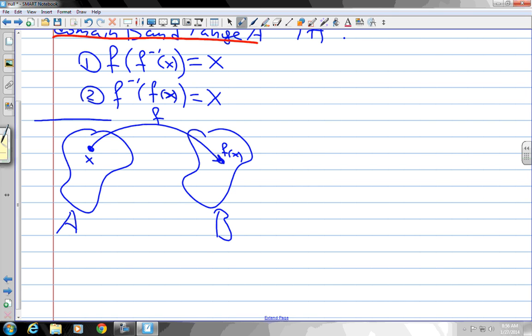The domain of the inverse is the B set. So the inverse has to take this point back where you started, right? So this is why the composition of these two functions always produces the original input. Okay? Does that make sense?